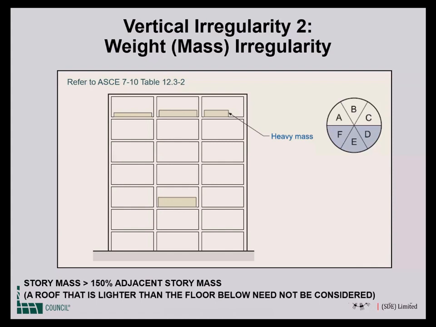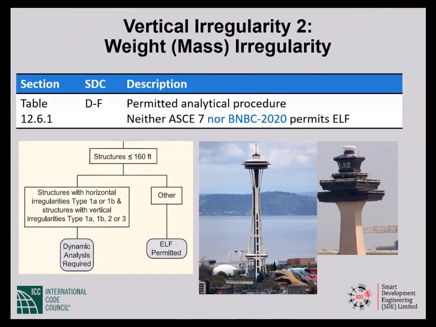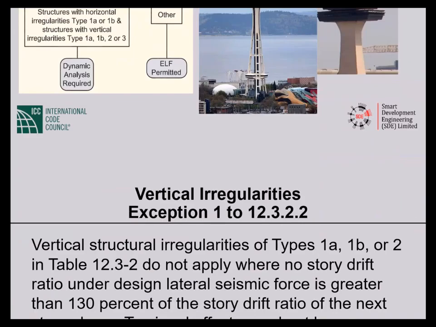But otherwise, story mass larger than 150% of adjacent story mass will give you this weight or mass irregularity. And here also, what we are required to do is dynamic analysis rather than equivalent lateral force procedure. That is the only restriction imposed on us if we have a mass irregularity.